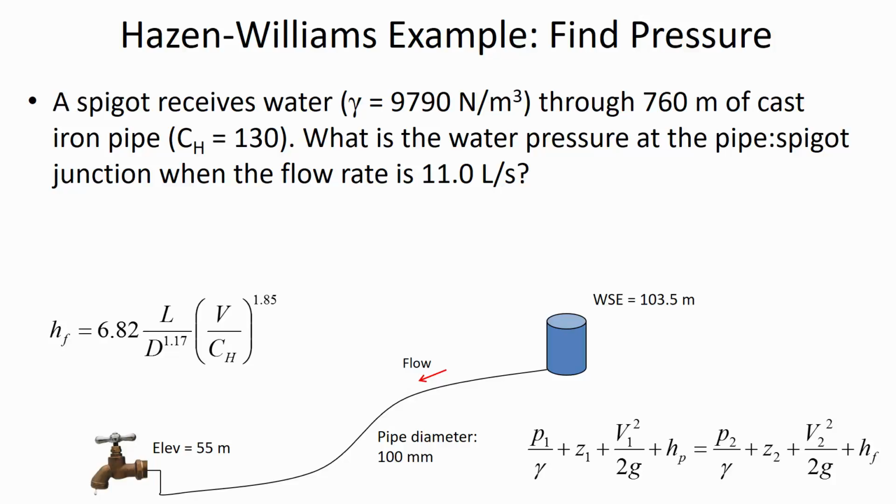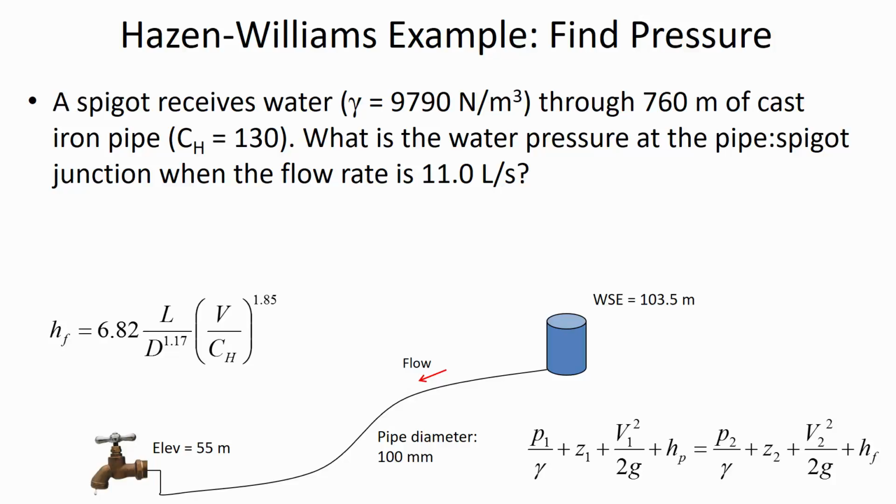Here's the ground elevation, here's our tank. All right, we know that the EGL starts at the water surface, and the EGL is independent of the pipe. So the pipe is going, all right, and here's the pipe coming out.